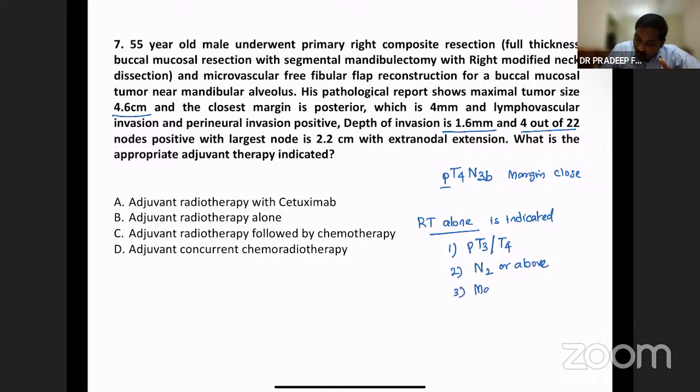And close or positive margin. And other risk factors: lymphovascular invasion positive, perineural invasion positive. Okay, so these are the indications for post-operative RT, as well as extranodal extension.